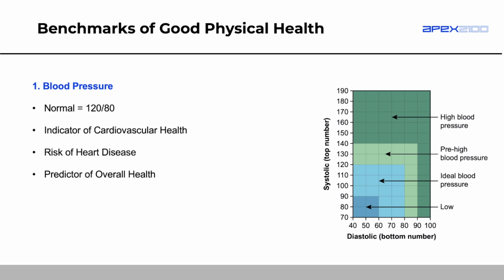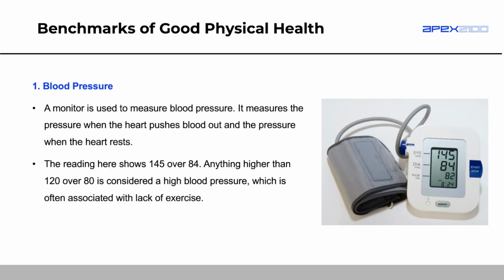Now, a normal blood pressure is an indicator of cardiovascular health. If we have high blood pressure, that increases our risk of all sorts of diseases, mainly heart disease. It increases our risk of stroke and so on. So it's a good predictor of our overall health.